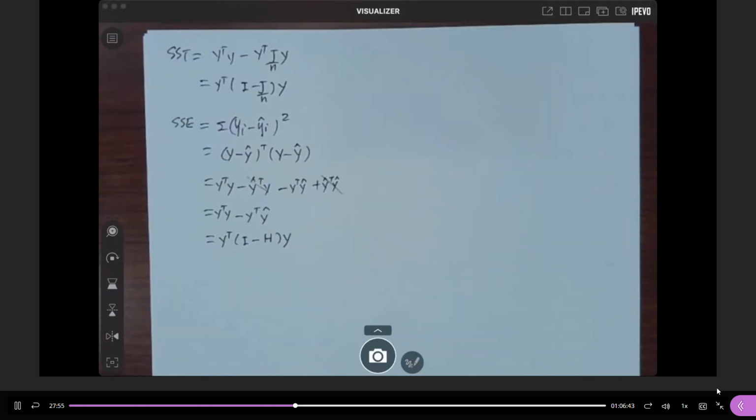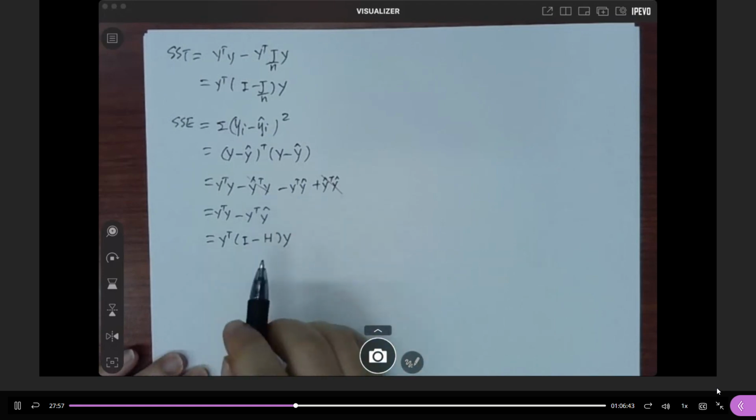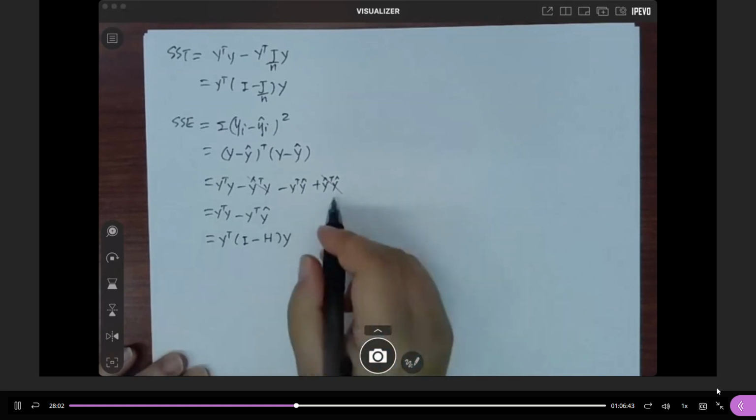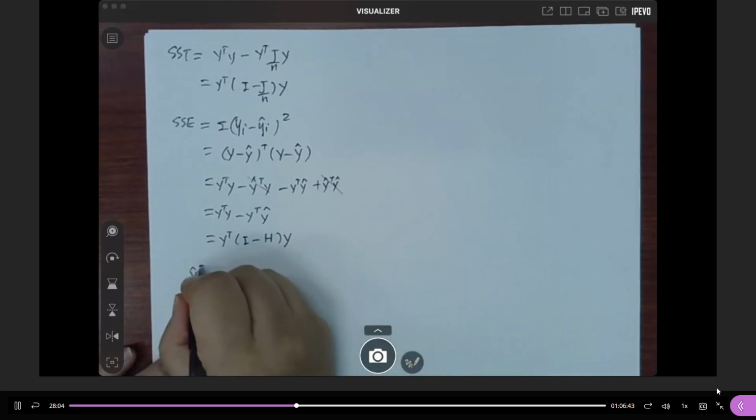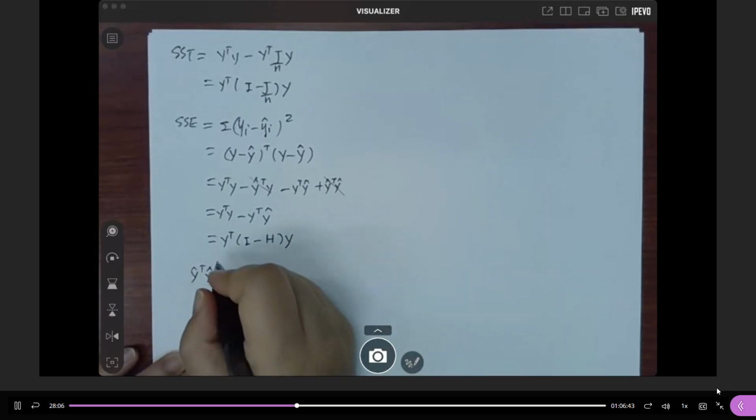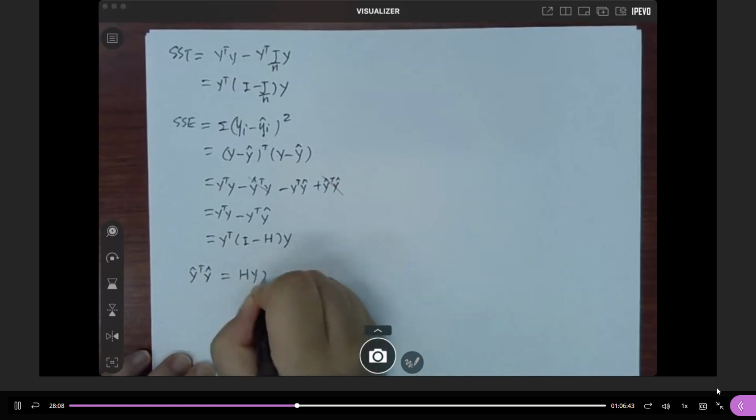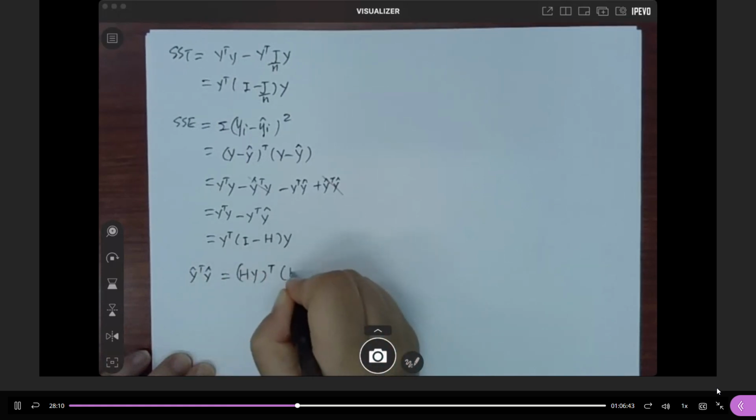Okay, the question is around how these two terms cancel, right? All right, I will do that. So why do these two terms cancel? You write y hat transpose y hat equal to Hy transpose Hy, okay?